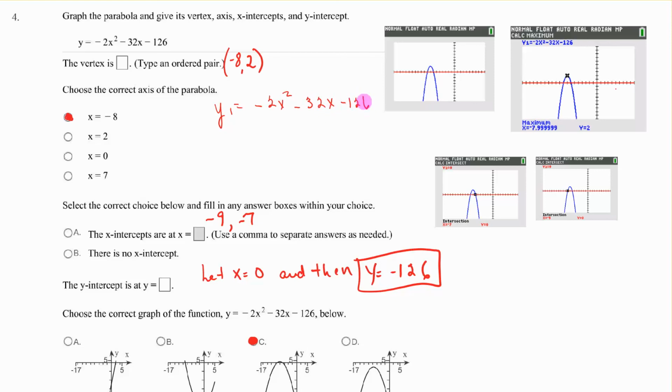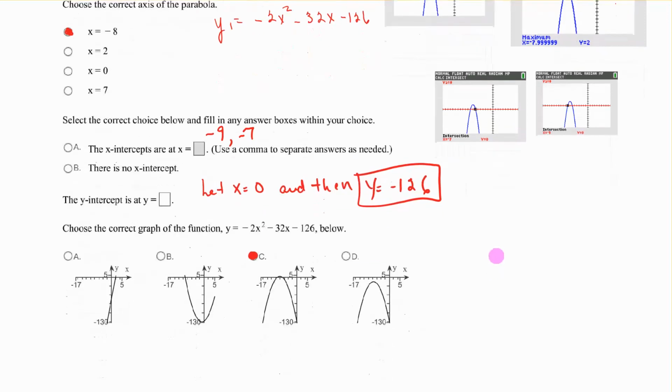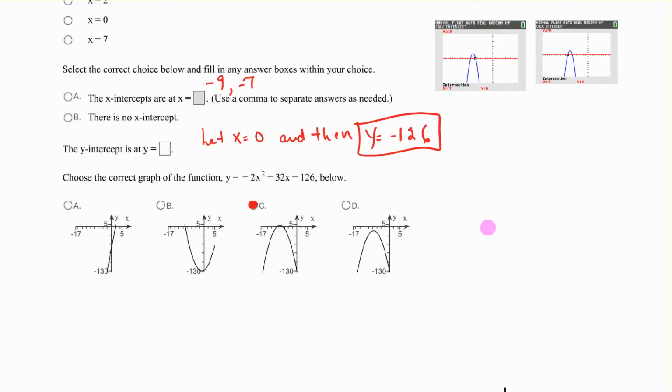And it is going upside down, and we found the vertex by doing second calc max, because this is a high point, and we found the vertex to be -8, 2, so the axis is -8. X-intercepts, found those here, -7, -9. If I let x be 0, then -126 is my y-intercept, and then I find my graph by doing that.